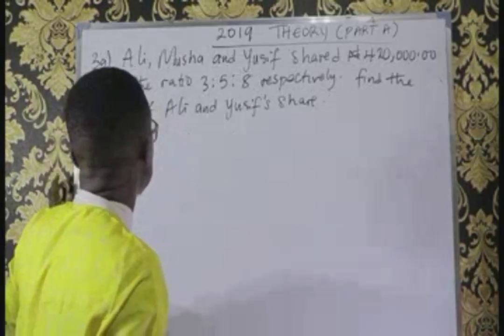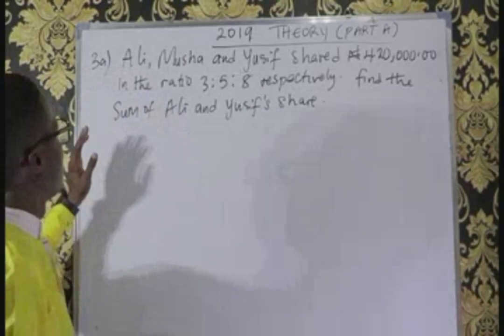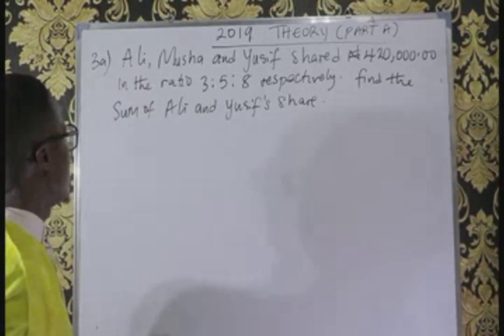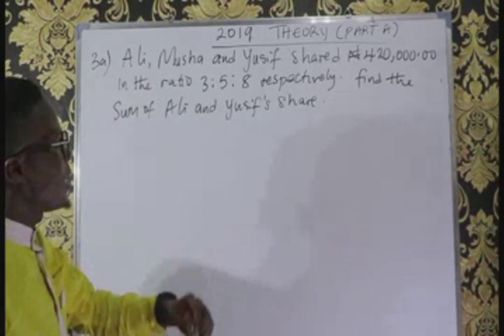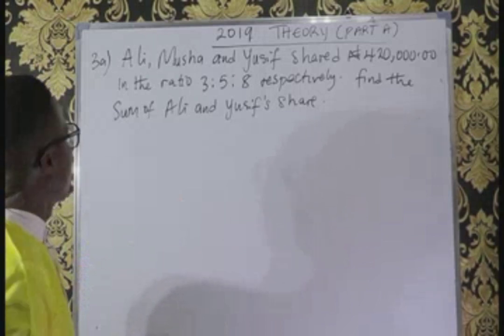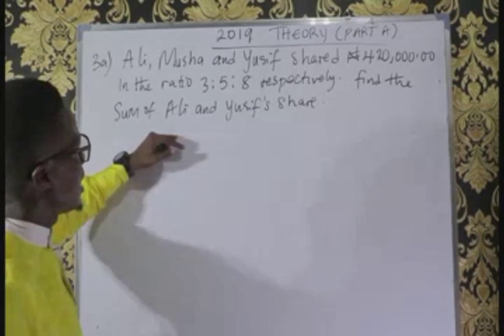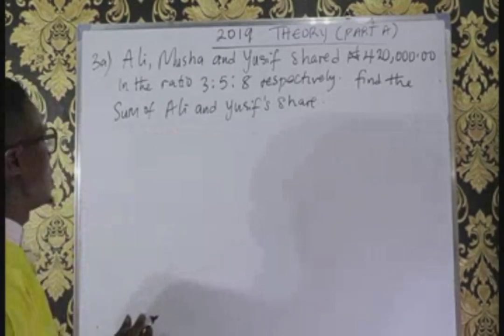In question number 3A, we are told that Ali, Musha and Yusuf shared 420,000 naira in the ratio of 3:5:8 respectively. Find the sum of Ali and Yusuf's share. So we need to get Ali's share as well as Yusuf's share, then we'll add them together.